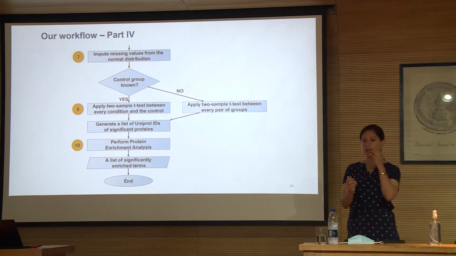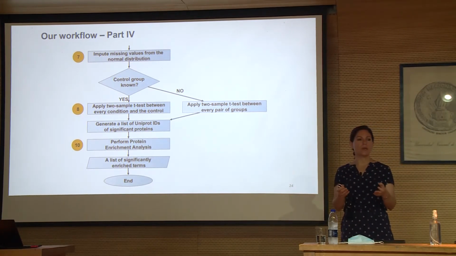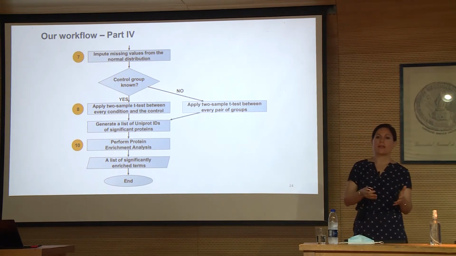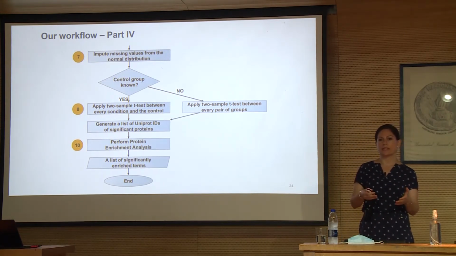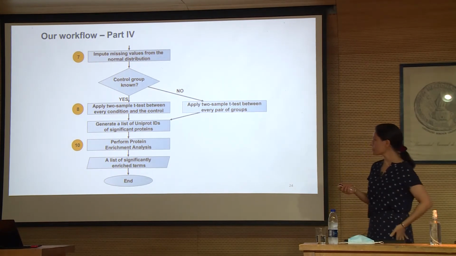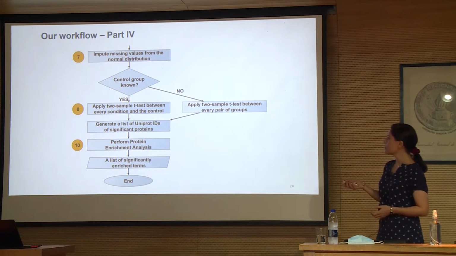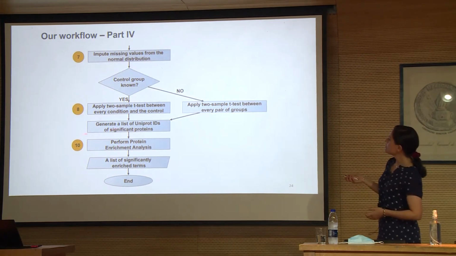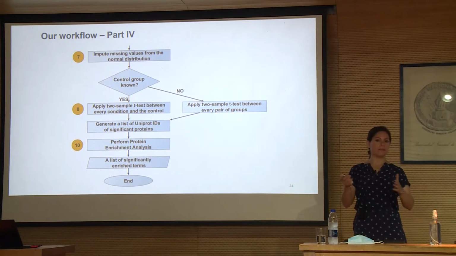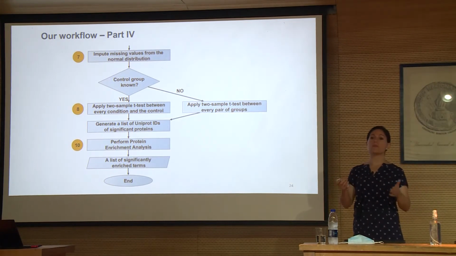But this is exactly the same as Perseus does. We could find an R package that does the same, and we could include it automatically in the workflow. You can do the same with Perseus. And then, we have the data, we have now no missing values.